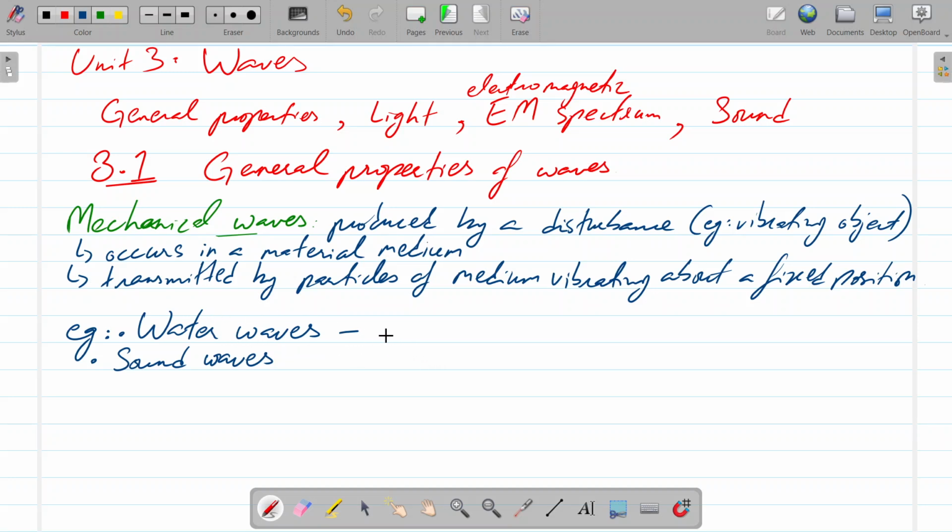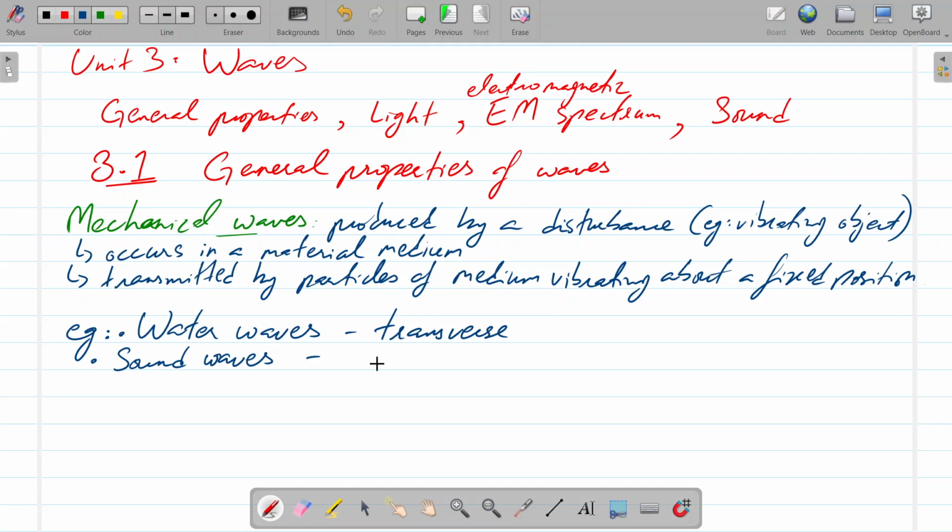Water waves travel as transverse waves, not longitudinal.